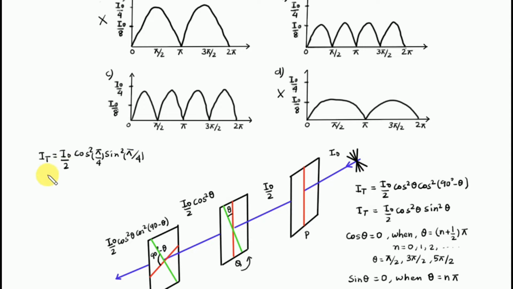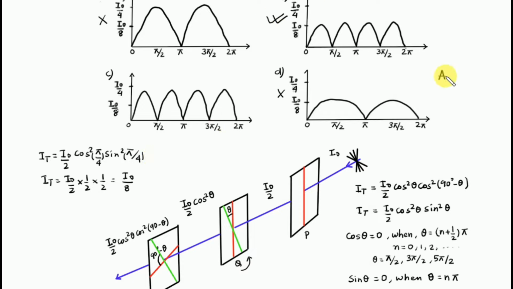At an angle pi by 4, the intensity coming out of R must be I naught by 2 cos square pi by 4 sin square pi by 4, which is I naught by 2 times 1 by 2 times 1 by 2, that is I naught by 8. So the correct option in this case is option B.